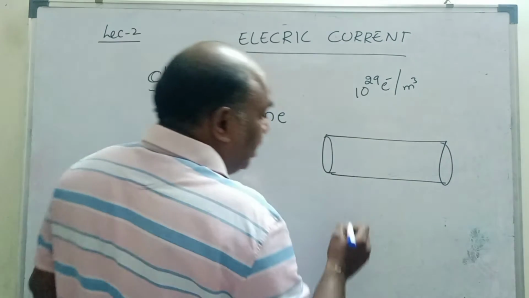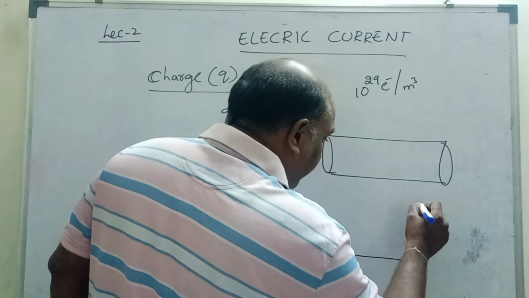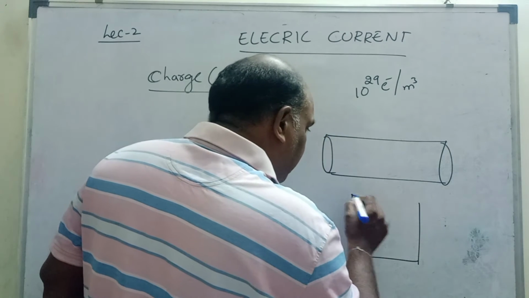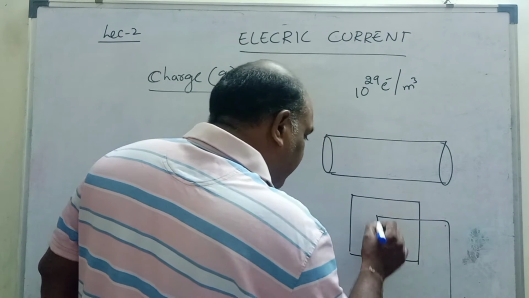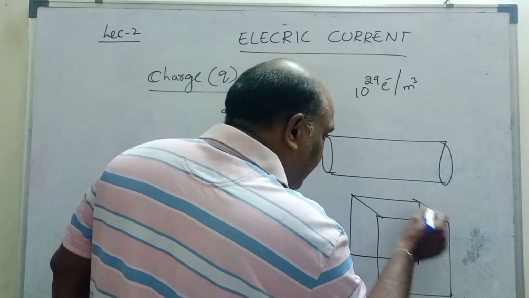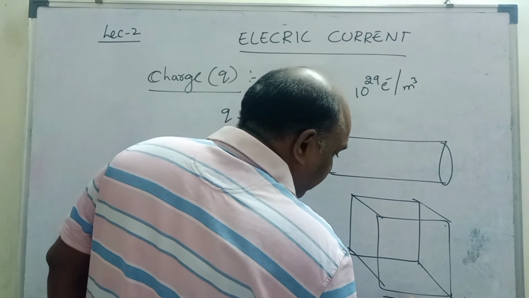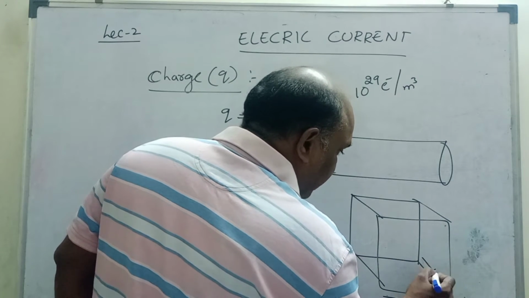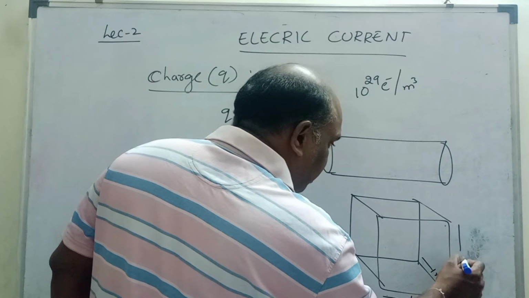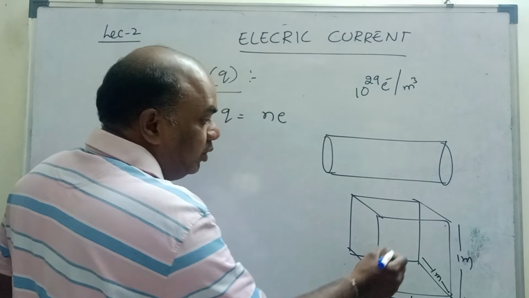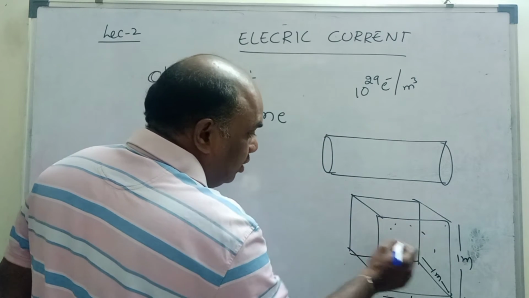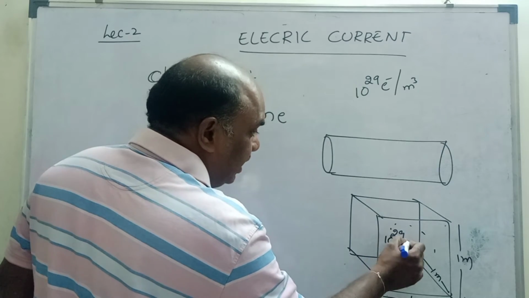If you take a conductor of 1 meter length, 1 meter breadth and 1 meter height, how many electrons are present here? About 10 power 29 free electrons.